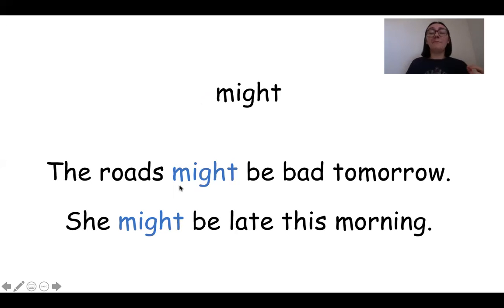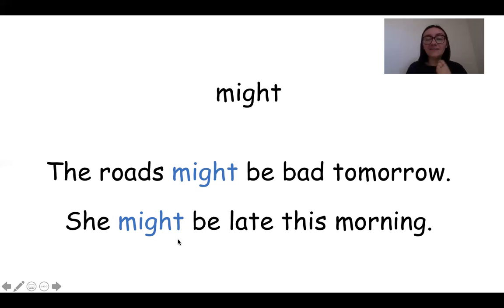The roads might be bad tomorrow. So if it is snowing, if it's raining, you could say, the roads might be bad tomorrow because we don't know. If it snows, the plows could come through and clean the roads, but it could keep snowing all night and there's a ton of snow everywhere. So you don't know, so you use the word might. The roads might be bad tomorrow.